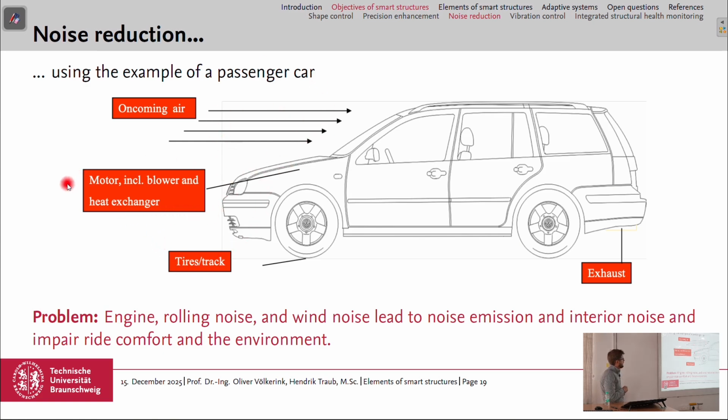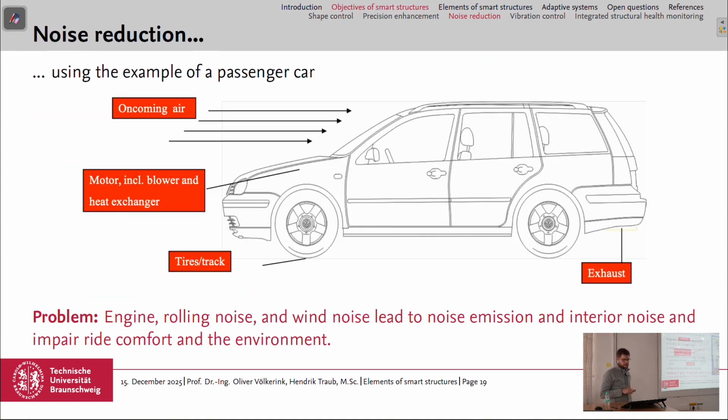You have the combustion engine, and also the blower and the heat exchanger, at least when you have internal combustion engine cars. With battery electric vehicles, you don't have this noise, but you still have the noise from the tire-track interaction, and if you have a combustion engine, also from the exhaust. And all this impedes the ride comfort.